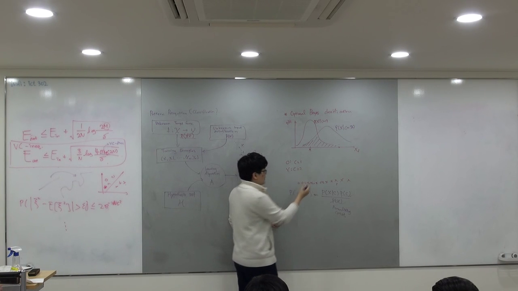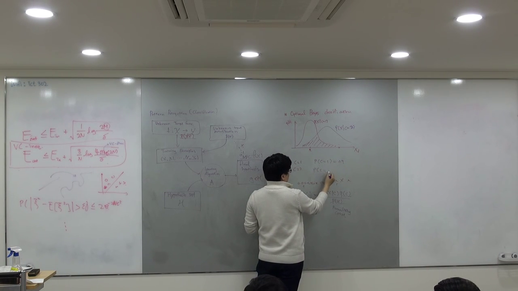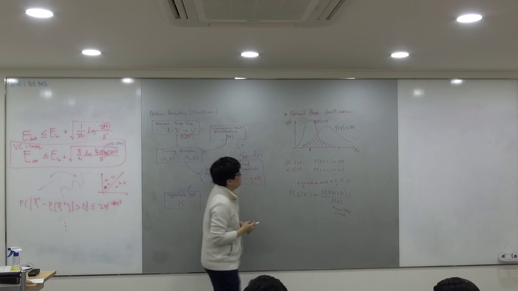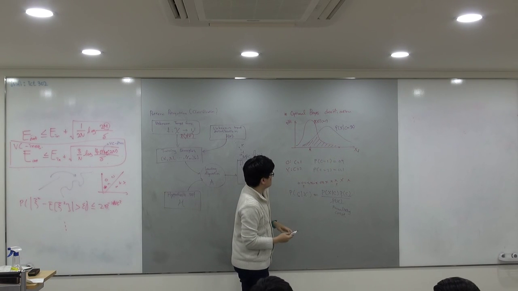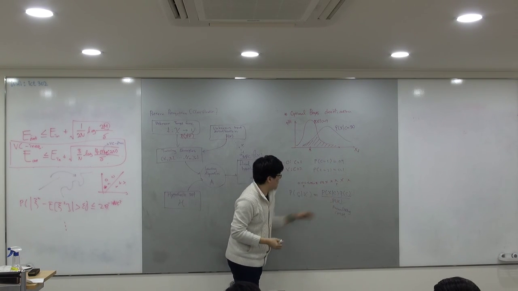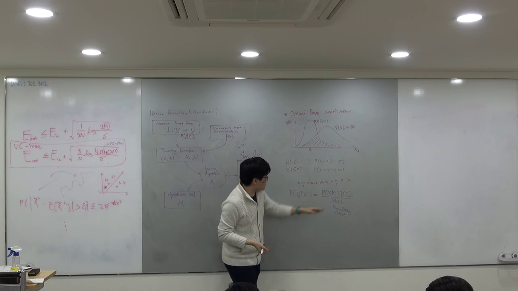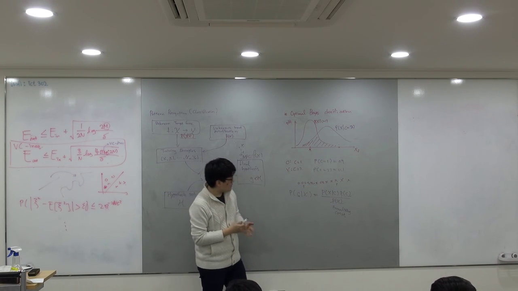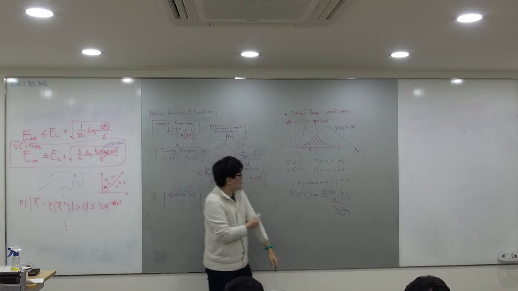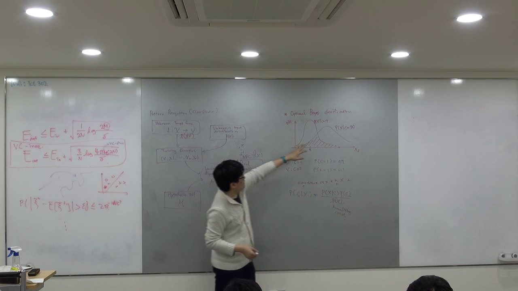So maybe you set P of C1 equal to 0.9 and P of C2 equal to 0.1. Then this shape will be scaled according to these values. If you don't have any prior knowledge, you can just set this to 0.5, then you can just remove P of C because it's basically the same. So you can just compare P of x given C as I wrote here.